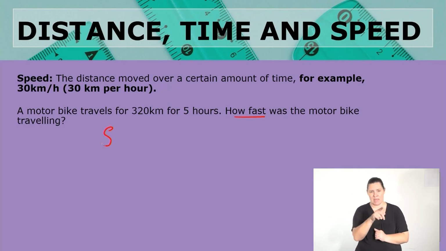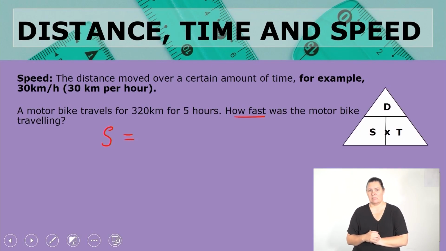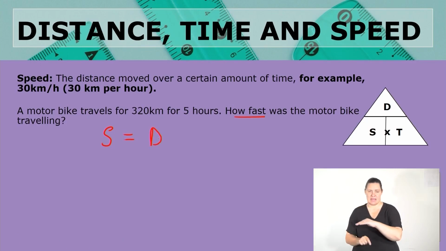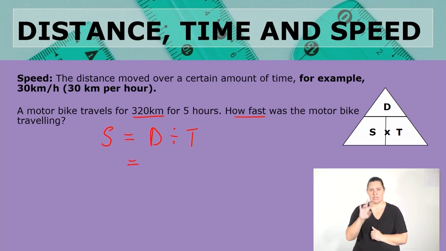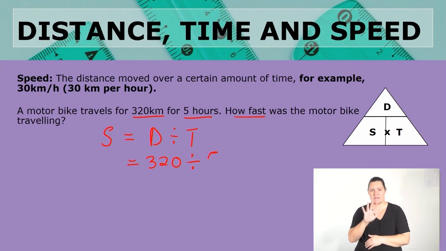Do you remember what the formula for speed is? Let's get our triangle to help us. So speed would be, yes, distance divided by time. What is our distance? 320 kilometers. And we are dividing that by our time, which is 5 hours.